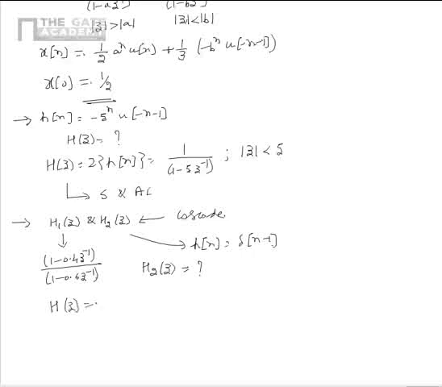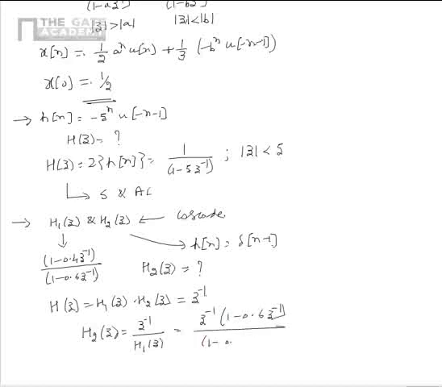As per the given data, the overall system function is given as H1 of z multiplied by H2 of z is equal to z inverse. From this, we see that H2 of z is equal to z inverse divided by H1 of z. Upon substitution for H1 of z, this becomes z inverse of 1 minus 0.6 z inverse divided by 1 minus 0.4 z inverse.